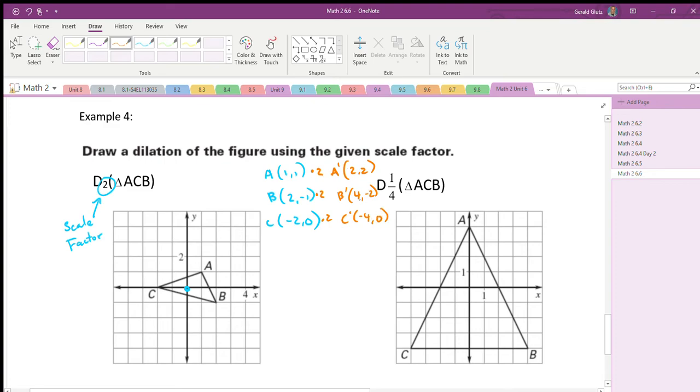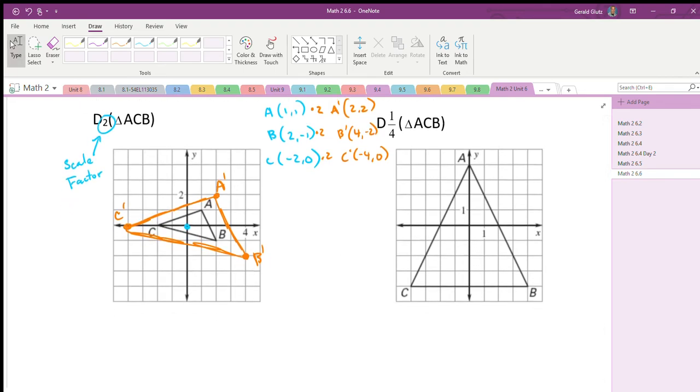So these are the points that I have: 2, 2, 4, -2, and -4, 0. So this would be my A prime, this would be B prime, and then C prime. So that's how you find the new shapes.